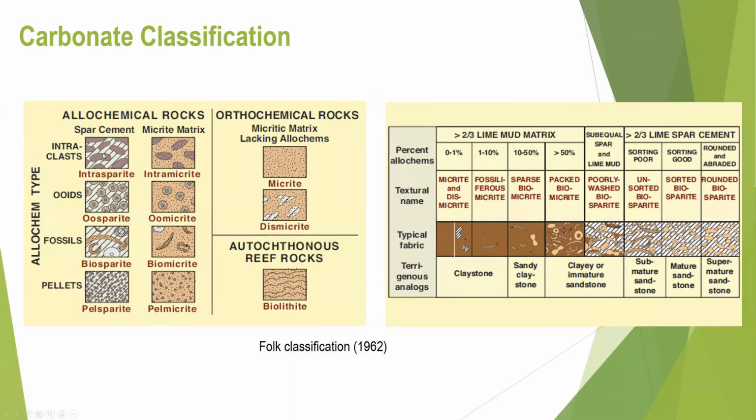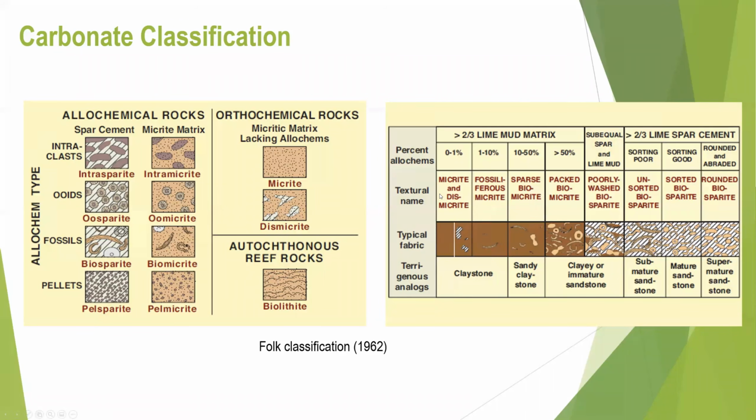For example, if we have intraclasts, we say intrasparite. If we have intraclasts and micrite, we say intramicrite. If we have ooids with cement, we say oosparite. But otherwise, if we have micrite instead of cement, we say micrite.